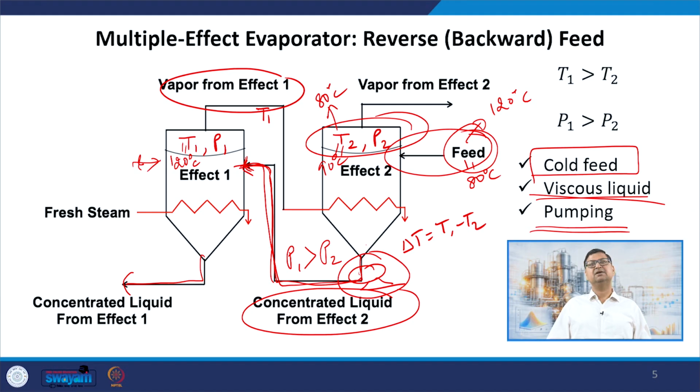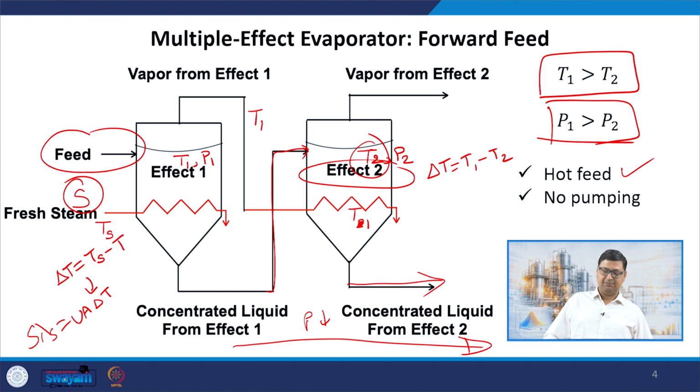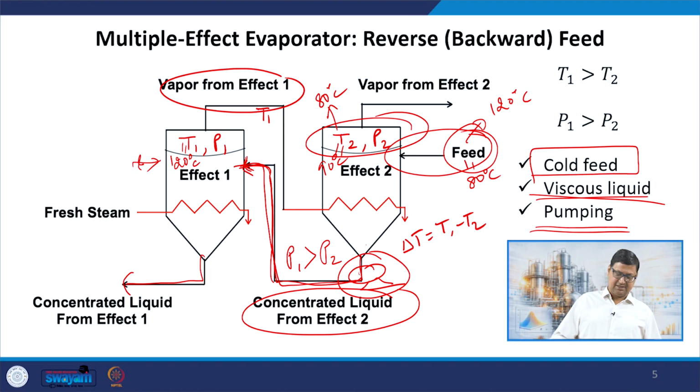The reason being, the viscosity of the liquid will basically decrease with temperature, right? So, in the previous case, the temperature was decreasing from effect 1 to effect 2, right? So, we will have a higher viscosity coming out here, and this higher viscosity may be difficult to move out, right? On the other hand, in the next case, the liquid is going out from a hotter effect.